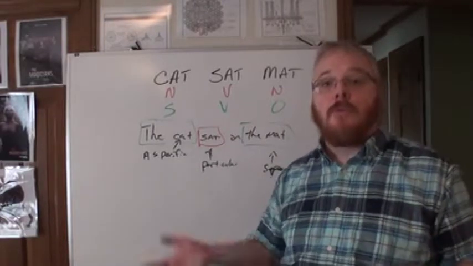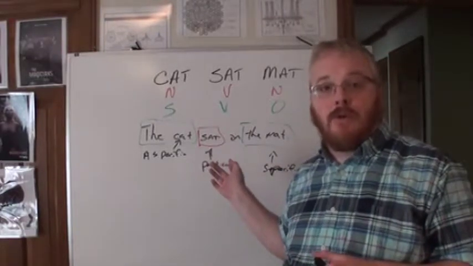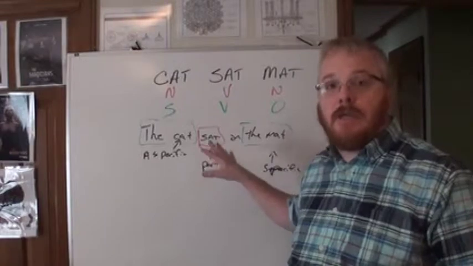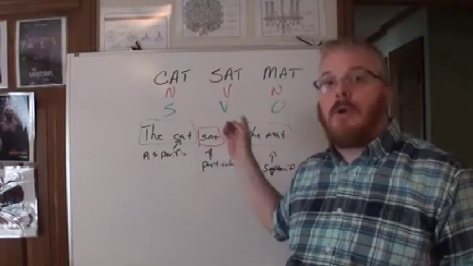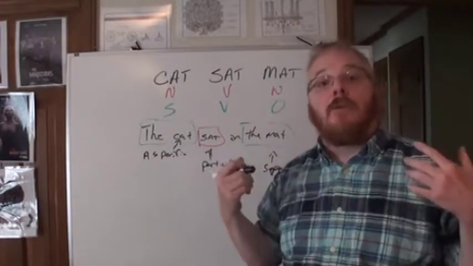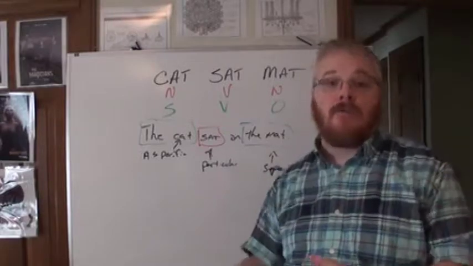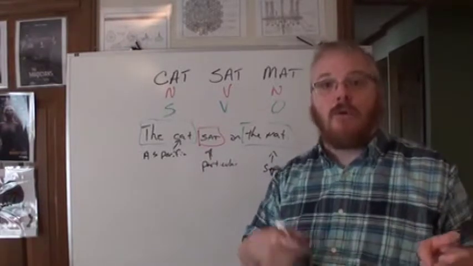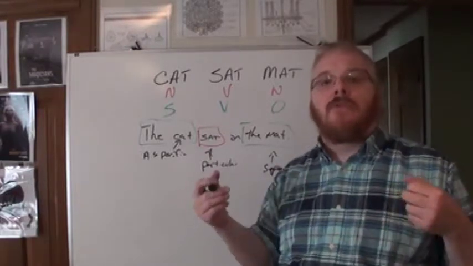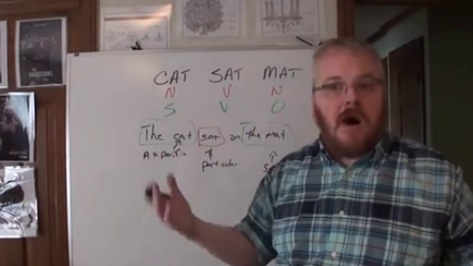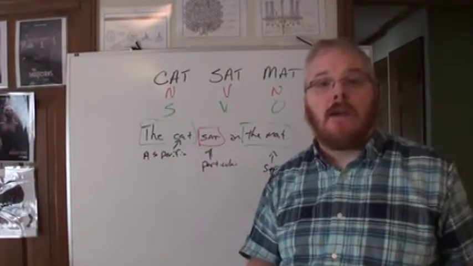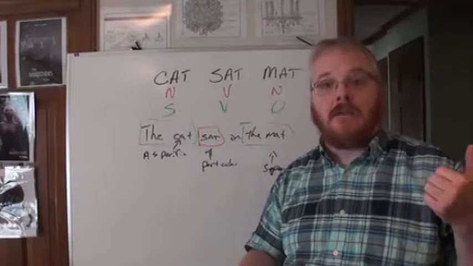As we move forward, I'm going to clear the board, and what I'll end up doing is erasing what's up here and then rewriting the cat sat on the mat. From there, we're going to add adjectives and adverbs as embellishments or additions to this that further modify or clarify both the nouns and the verb.